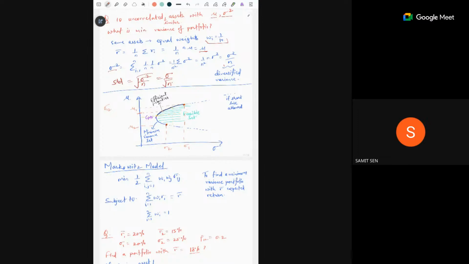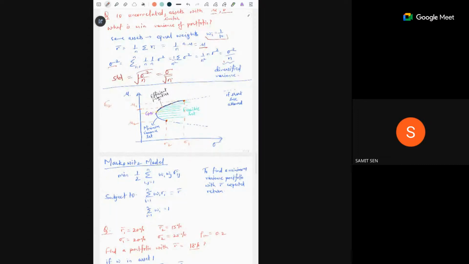So this leftmost boundary is called the minimum variance set. Okay, the leftmost boundary of the feasible set is called the minimum variance set. Now on this leftmost boundary there is also the leftmost point, the point which has the minimum possible sigma or minimum possible variation.